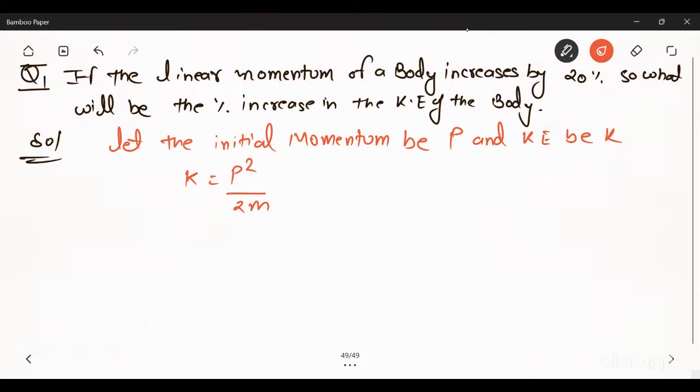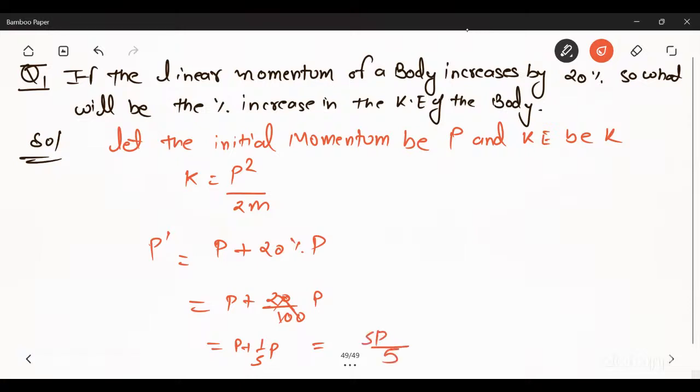Now what is the condition given in the question? That the momentum of the body increased by 20%, means the new momentum will be P plus 20% of P, which is 20 upon 100 of P, that means 1 upon 5 of P. If you take LCM 5, you will get 5P plus P, 6P by 5 as your new momentum.